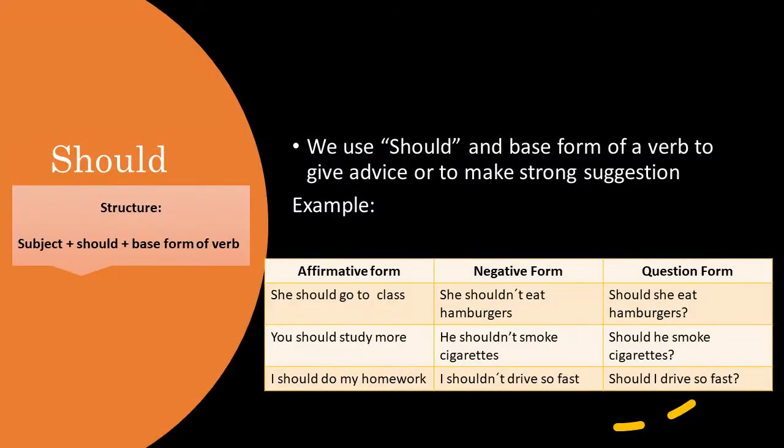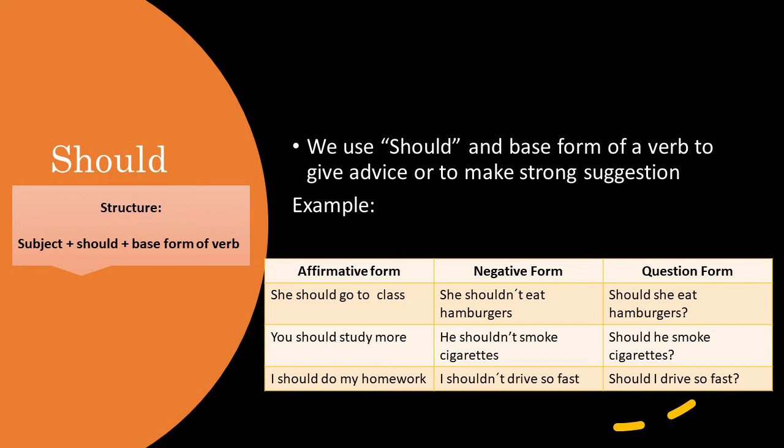All right, so I'm going to start with should, and it says that we use should and the base form of the verb to give advice or to make strong suggestions, right? So the structure that we're going to use for should is the subject, and it could be I, you, he, she, it, they, and we, plus should plus the base form of the verb.